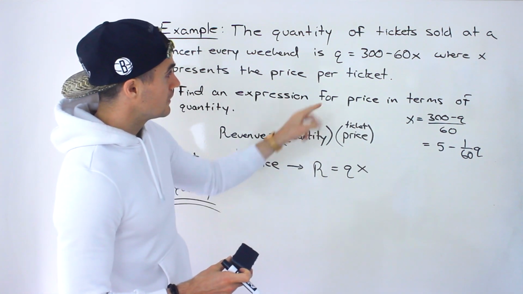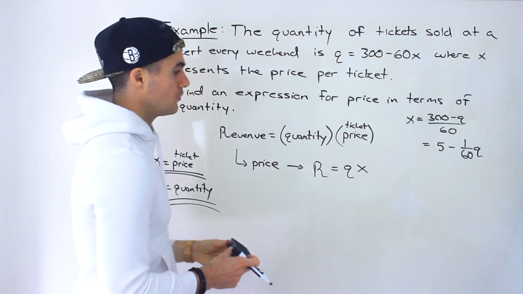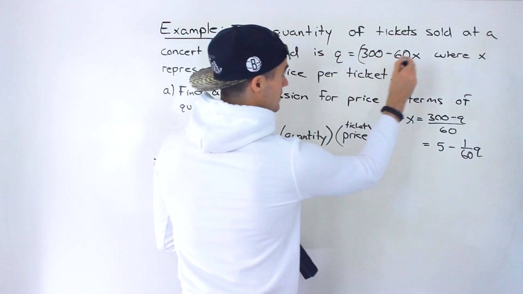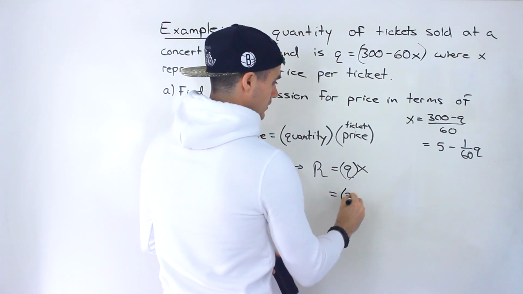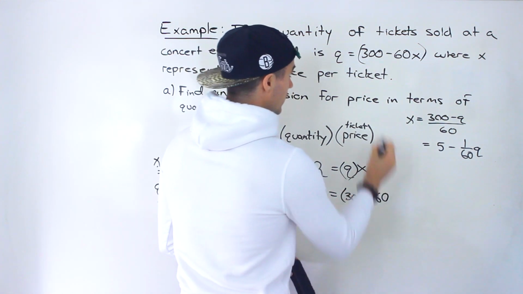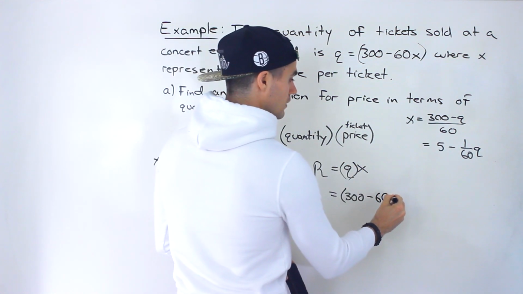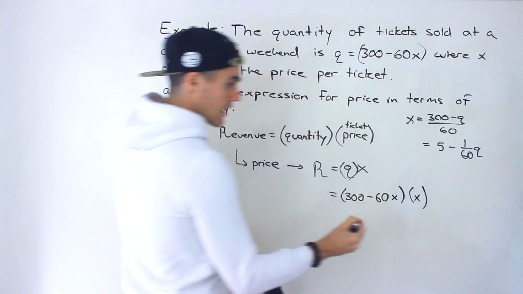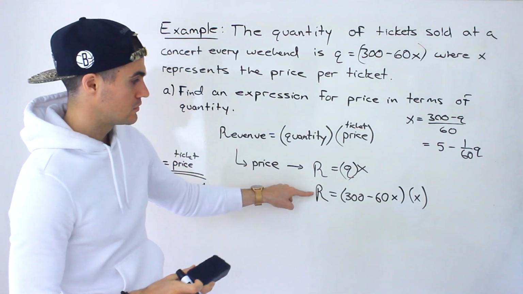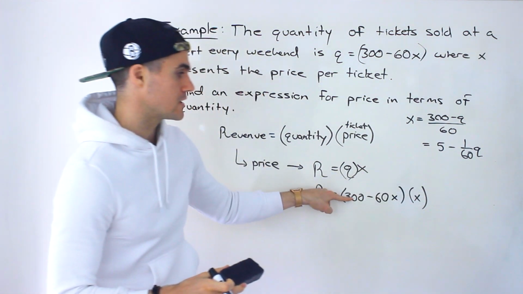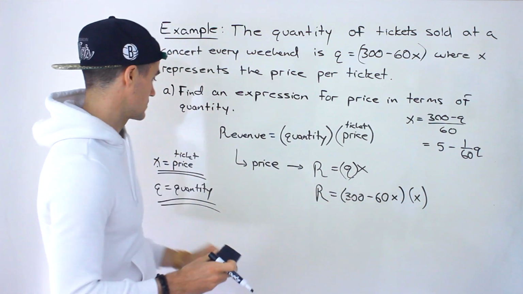Well, notice that here we have Q in terms of X. So what we can do is take this expression and plug it in for this Q over here, because they're the same thing, right? Q is equal to this, so we could just plug in what Q is equal to over here. We have the X on the outside, and now notice we have a revenue expression only in terms of the price. Notice that the only variable is the price, which is the X, right?